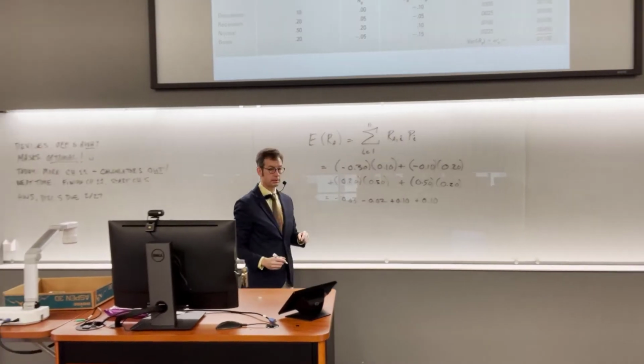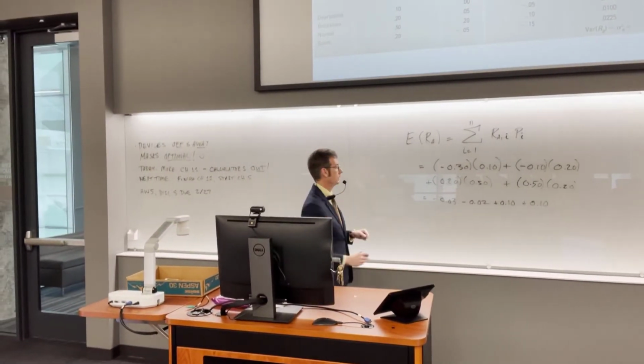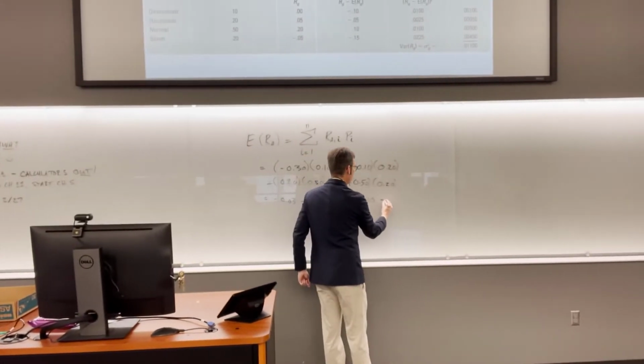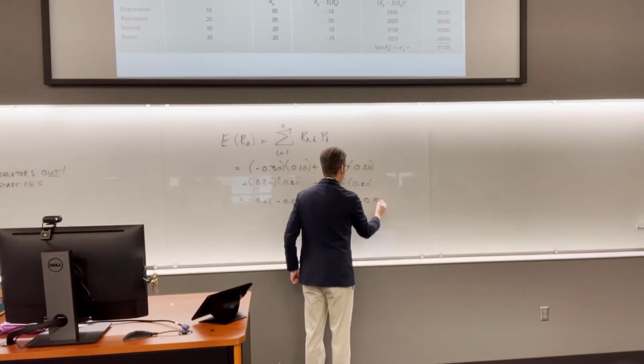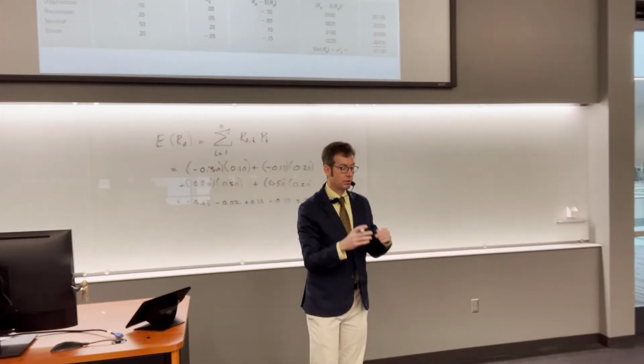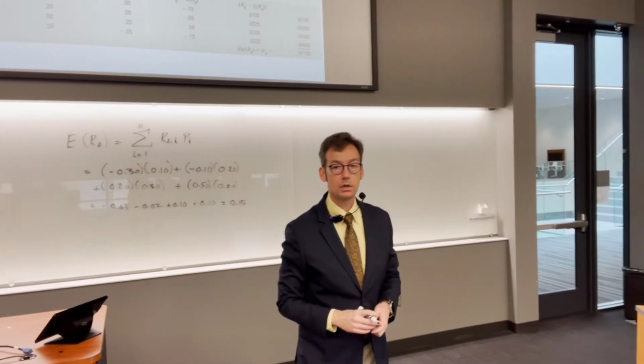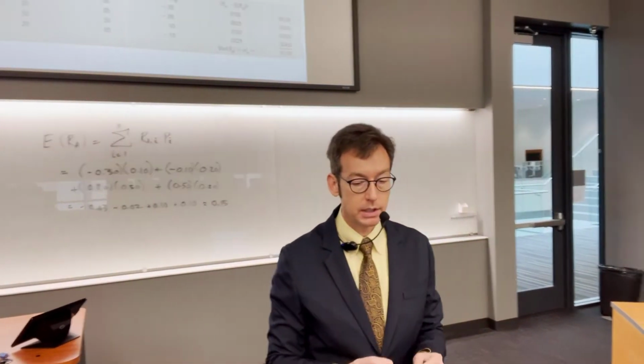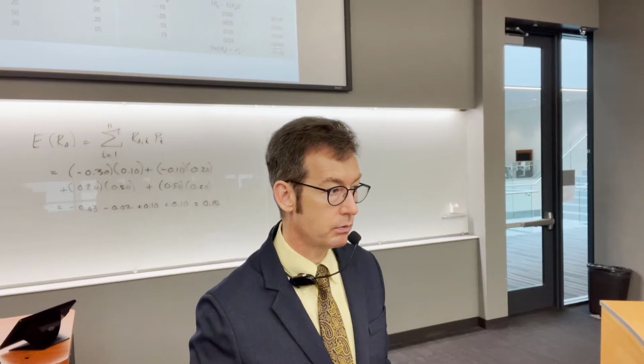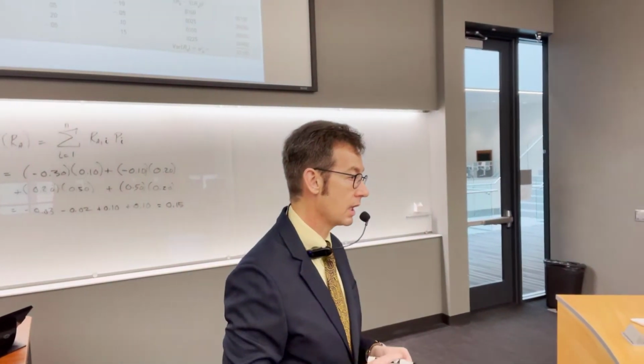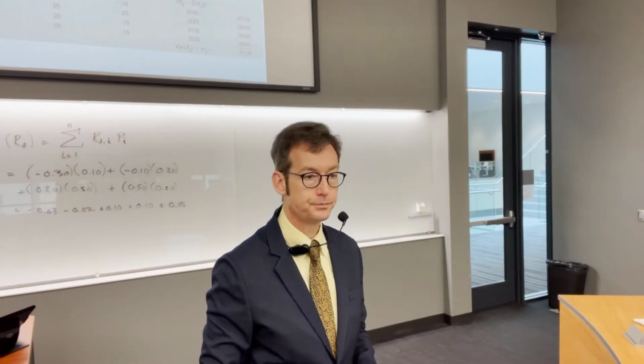Have I made any mistakes? Okay, when we add all that together, we get 0.15 or 15%, which by the way is what they told us it was to begin with. But once again, I won't always give you the expected return, but you can always calculate it for yourself.